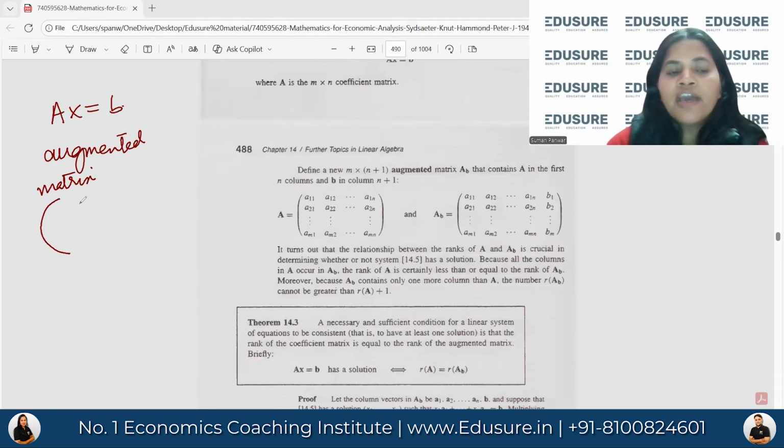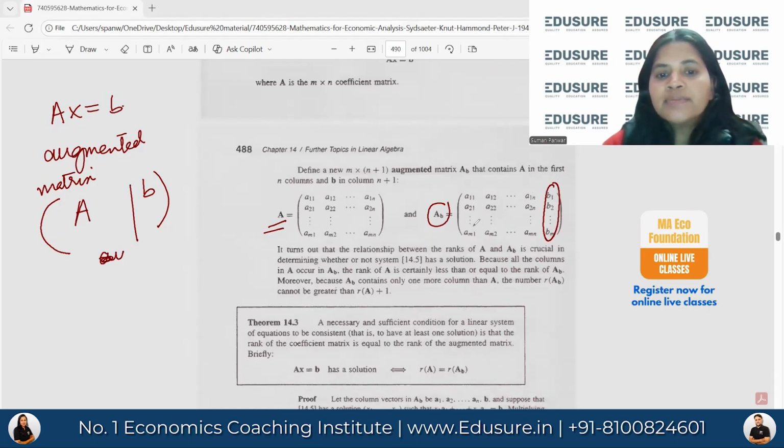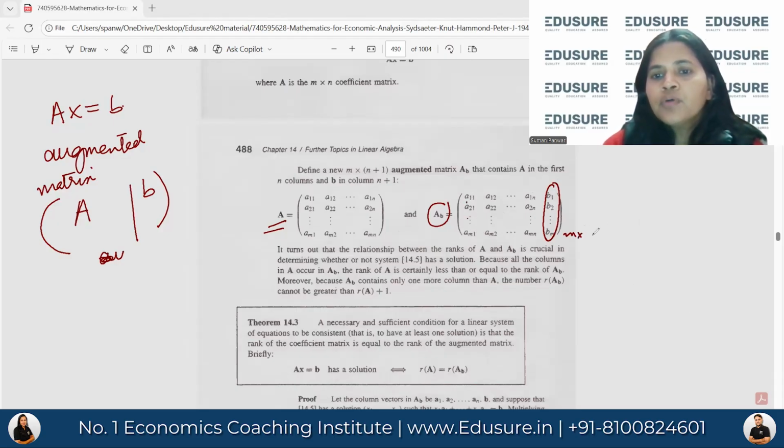You create a matrix where the first m by n entries are of the matrix A and the last column is B. This is known as the augmented matrix of A, denoted as [A|B]. So this was my coefficient matrix, and I added one more column. You can notice that one more column has been added. The number of rows is the same, but the number of columns is n plus 1. So this is my augmented matrix.